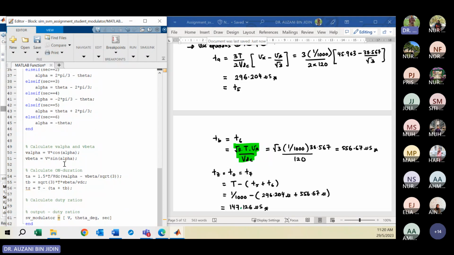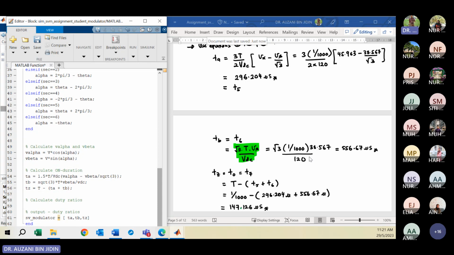Okay, define the output here. So TA, then you put TB and TZ, to check the output.